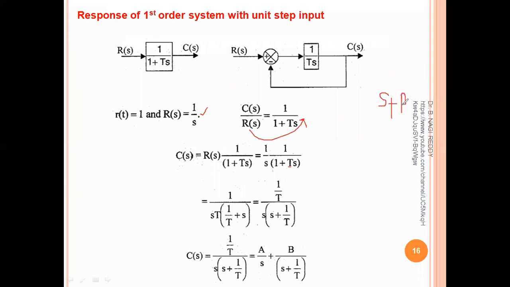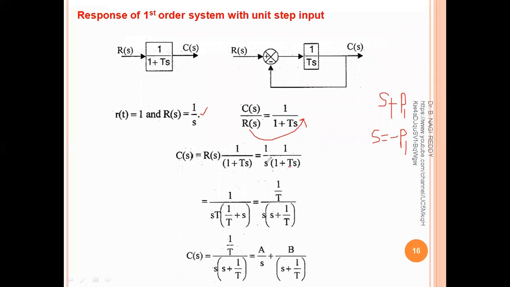Suppose s plus p1, we have seen in the previous class. So for this expression, we can write s is equal to minus p1 as the pole, right? So in order to achieve that, here it is t into s. So I want to take this t as common so that I can get s plus p1 format. So take t as common. So here, for the one, there is no t. That's why you divide by t here, plus s.